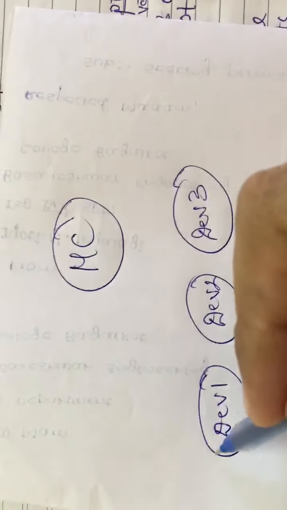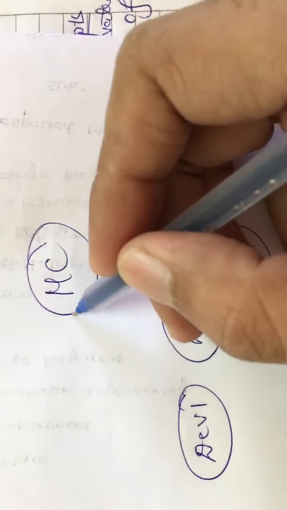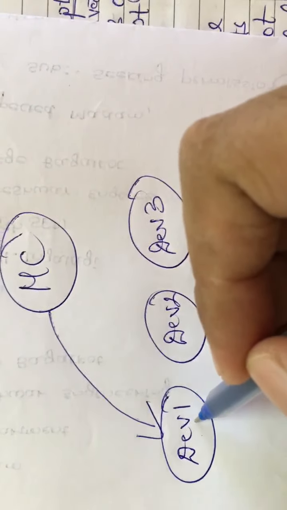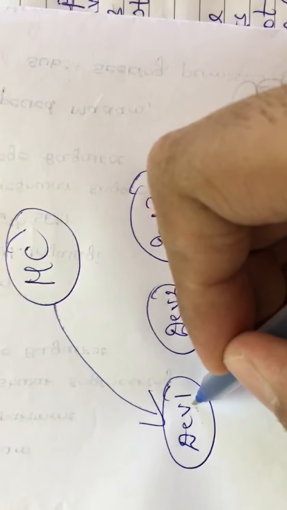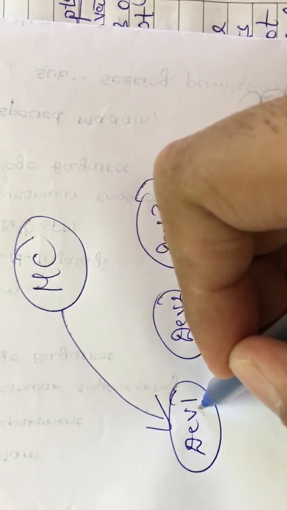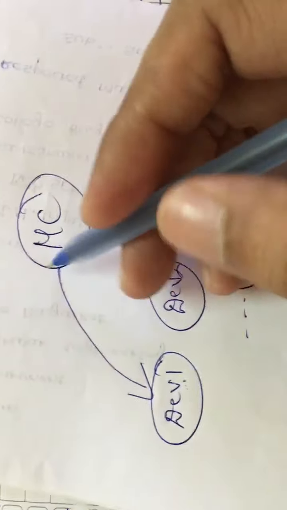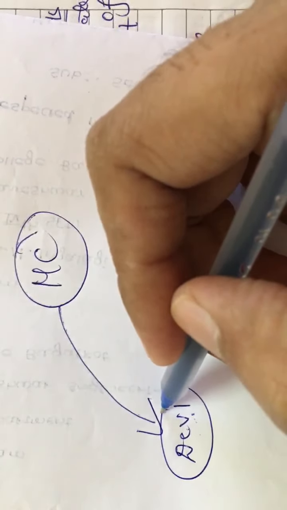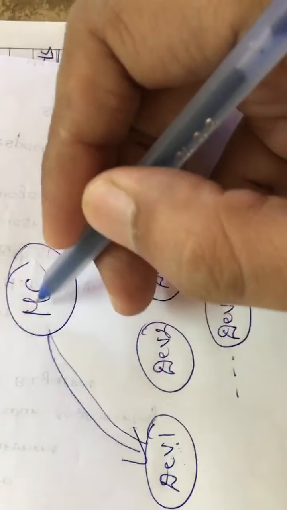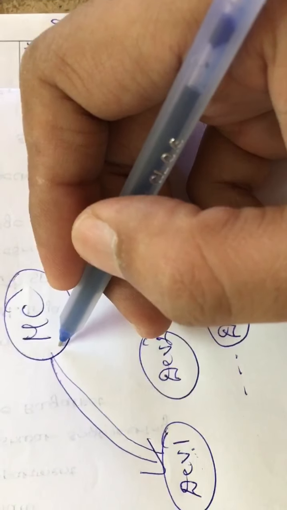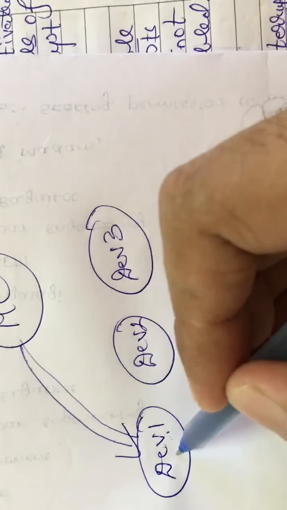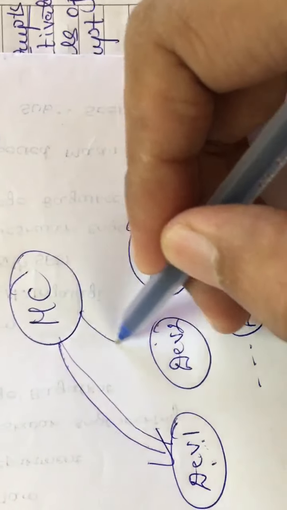In polling, first the microcontroller will check device 1 to see whether it needs service or not. If it wants service, then the service will be executed by the microcontroller. After the completion of device 1, it will move to device 2.